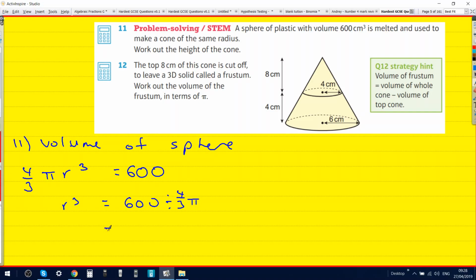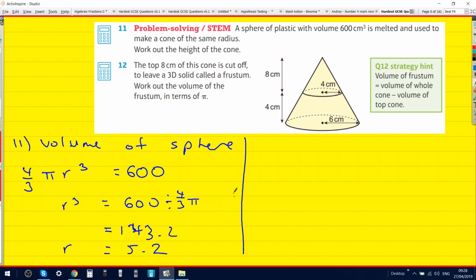Okay. And then cube root that, and it says it's 5.2.